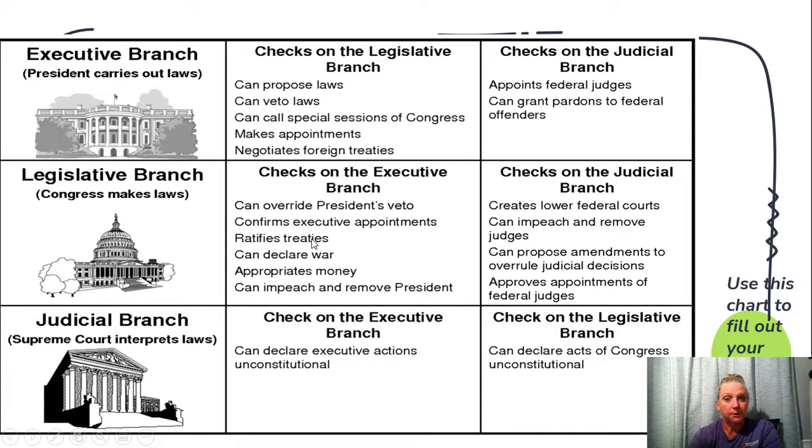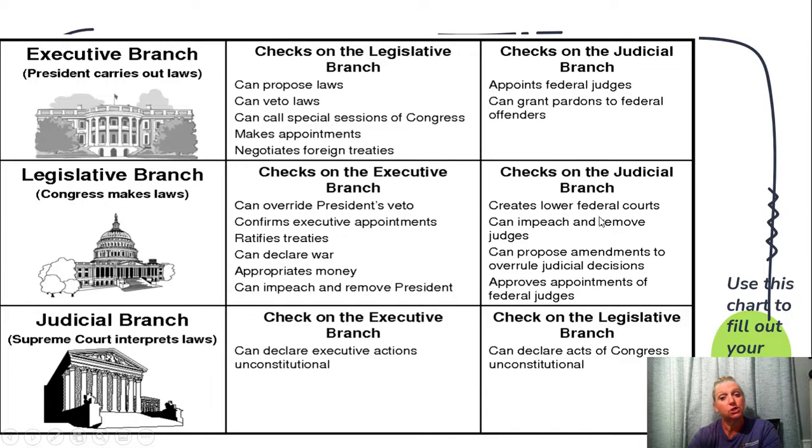Ratify treaties, because he negotiates those treaties, which acts like laws, but then they ratify them. Declare war, appropriates money. Appropriates money means they do the budget, so they're going to control all of those executive agencies, and can impeach and remove the president.